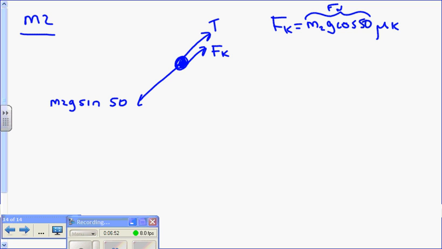Using the exact same thing we did on the last mass, we can set up an equation on this side where the net force on 2 is equal to the forward minus the backward.